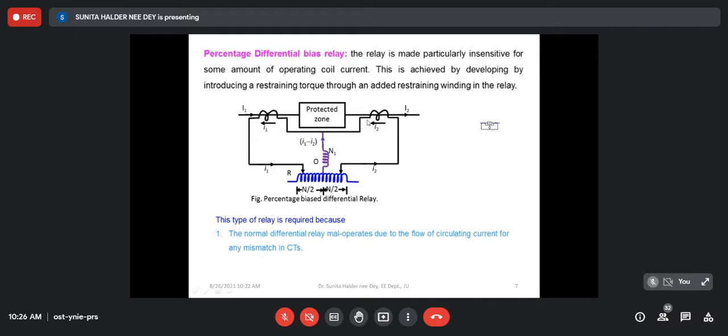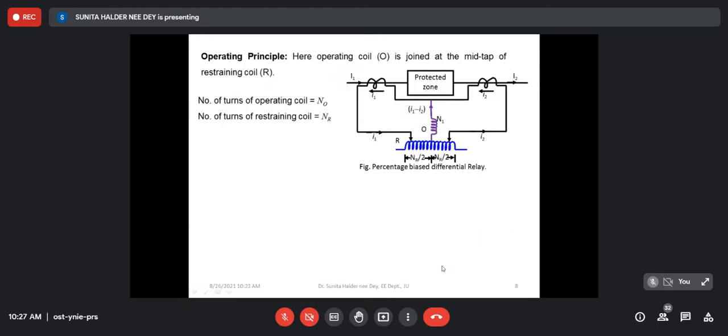They deviate very much from each other. So in that case, a percentage bias differential relay is a must. For transformer protection, we always use a percentage bias differential relay. An ordinary differential relay we may use for generator protection or any winding protection, but for transformer protection we have to use a percentage bias differential relay because there is a huge difference in primary and secondary current.